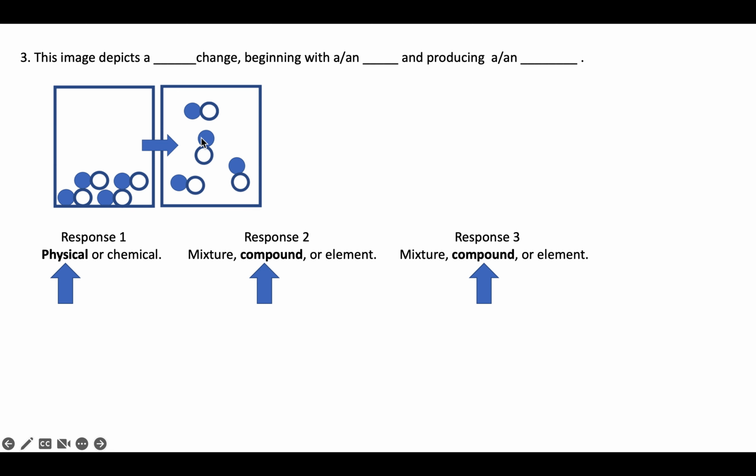To me, this is describing a particular compound where I have 2 different elements present, existing as a solid and then existing as a gas. So I think this is a physical change in which a compound is being transformed to produce another representation of the same compound, but now as a gas.